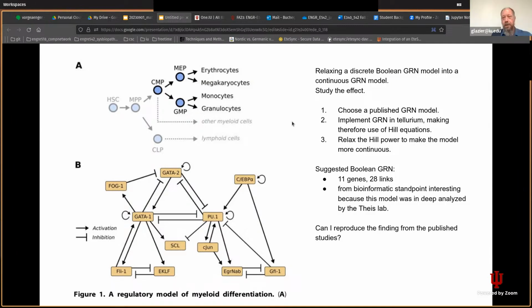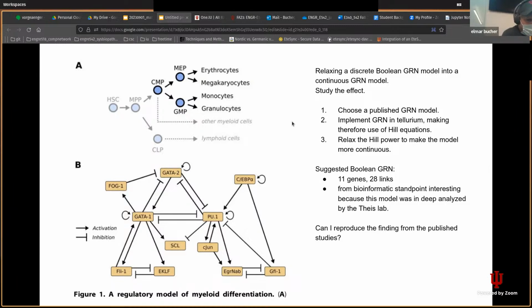Yeah. Go ahead, Justin. With Boolean networks, are they similar to Markov models or hidden Markov models chains? So Justin asked about what is the difference between a Markov model and a Boolean regulatory network.